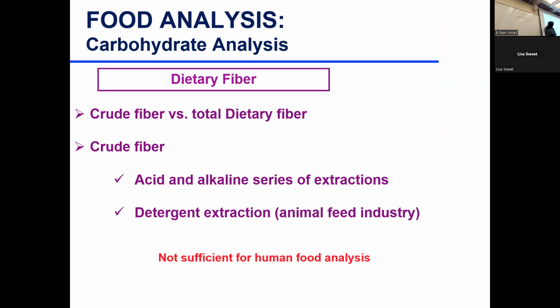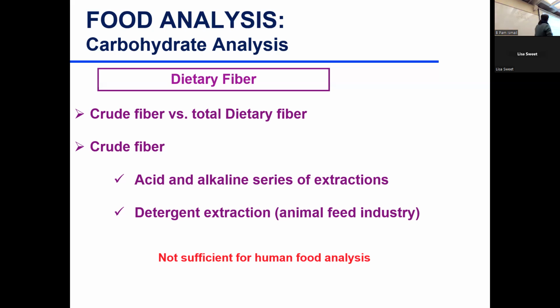So it's now used only for animal feed. If you don't find it in your textbook, I'd like to keep mentioning it because we need to know when somebody comes and says, can you do crude fiber determination for us on this? I have to tell them this is not the method to do it in food. It's now the method for only animal feed.